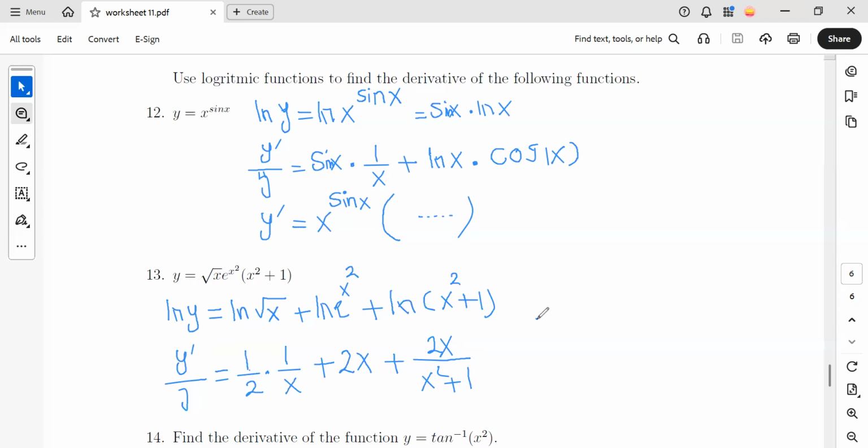Now, for finding y prime, we are going to multiply the whole equation here by y, which is square root of x times e to the power x squared times x squared plus 1 times this whole thing here.